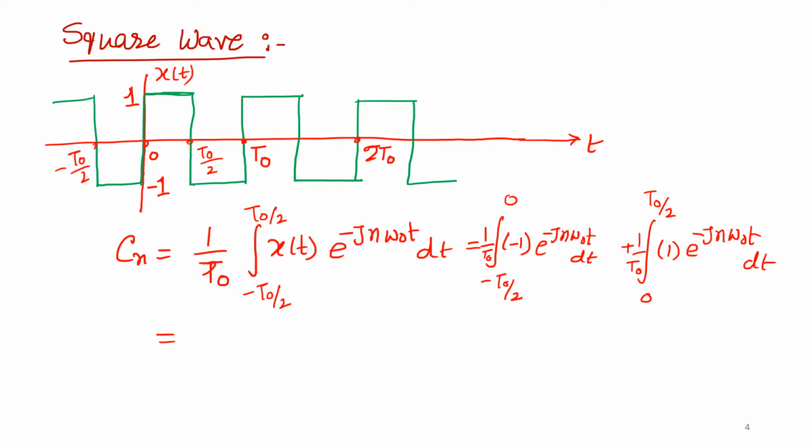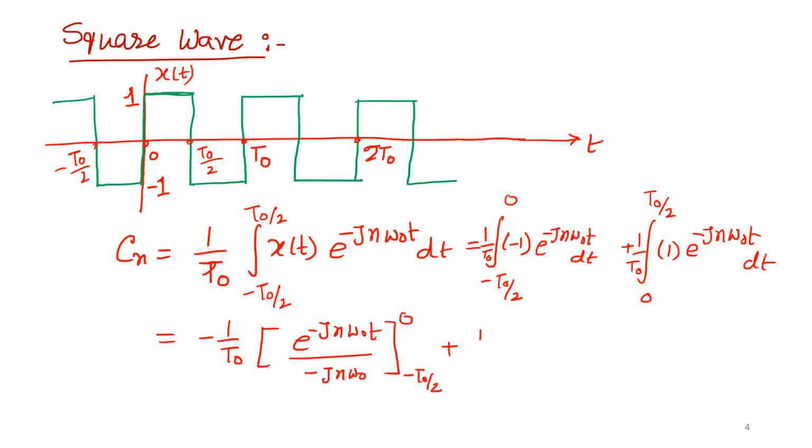For the first one, I take the minus sign outside: minus 1 upon t naught, and this integration is e to the power minus j n omega naught t upon minus j n omega naught, with the range minus t naught by 2 to 0.